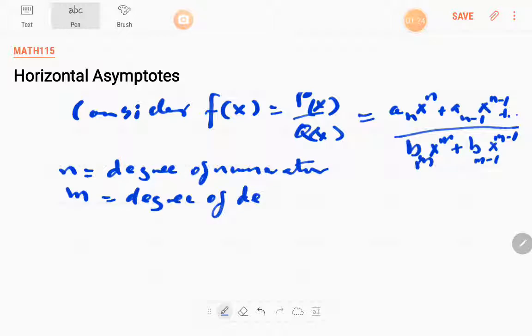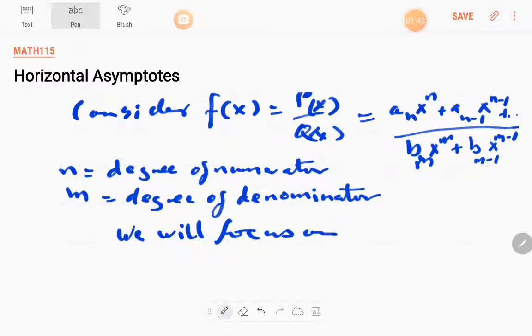In other words, the largest power. We're going to focus on the leading terms. This is what we're going to focus on.